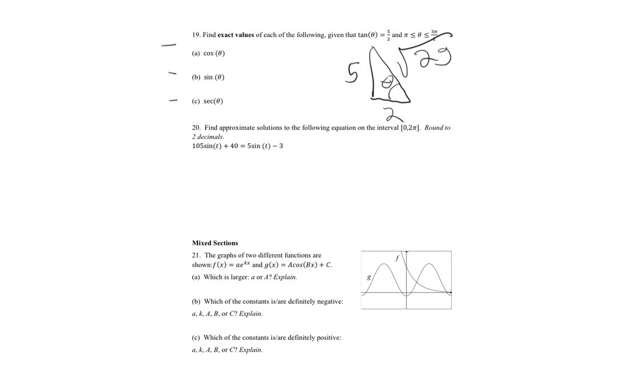So cosine of theta is adjacent over hypotenuse, negative 2 over root 29. Sine theta is opposite over hypotenuse, negative 5 over root 29. And secant theta is 1 over cosine theta, so it's negative root 29 over 2.